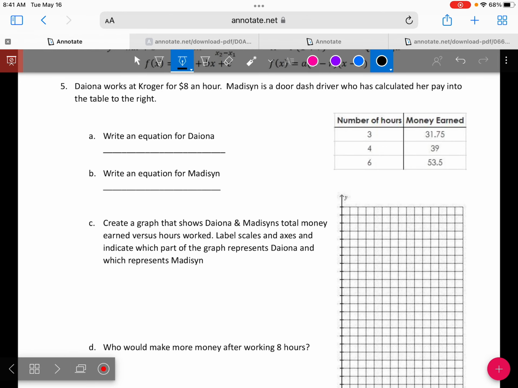Sweet. It's another writing equations one, okay? So we've got that Diana works at Kroger for $8 an hour, and Madison does DoorDash. And she's got her 3 most recent pay stubs over there on the right. So we are going to write an equation for Diana, who works $8 an hour.